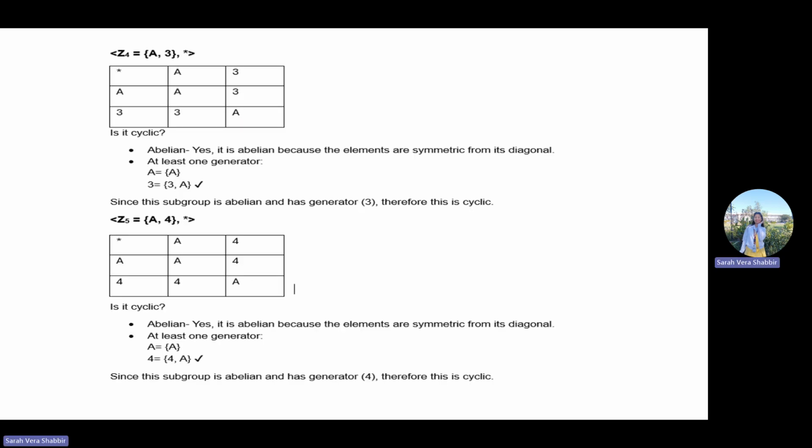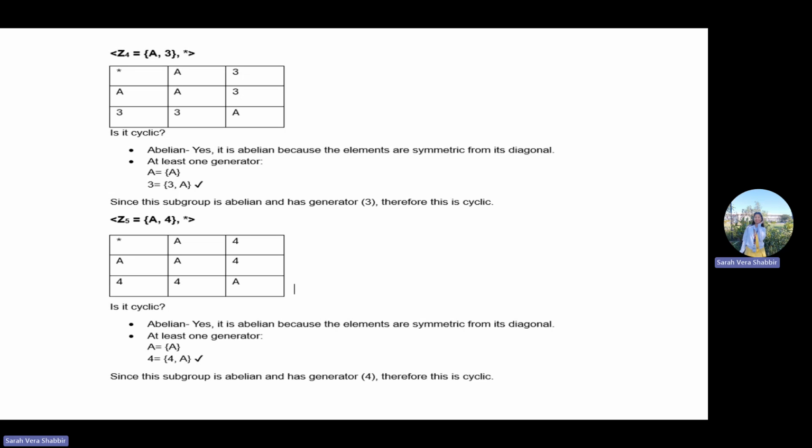Now we have the same process, and they are similar to each other. Z sub 4 is equal to A and 3. We also have symmetry here. Therefore, it is abelian, and the generator we have here is 3. Therefore, this is cyclic. For the next one, we have A and 4.